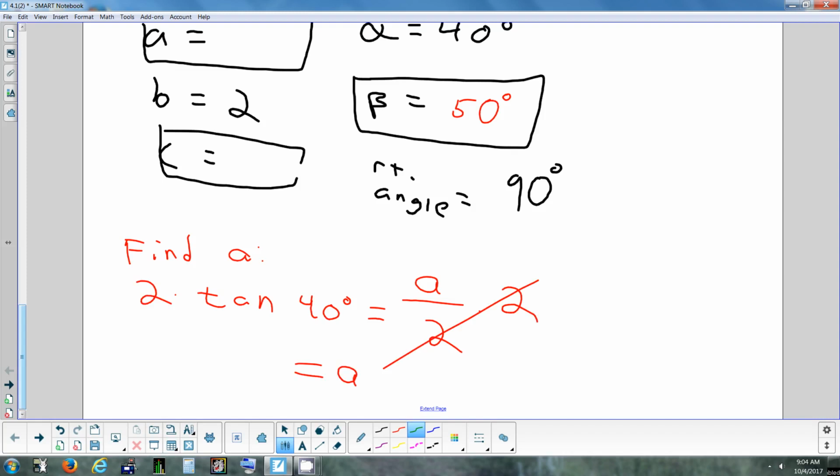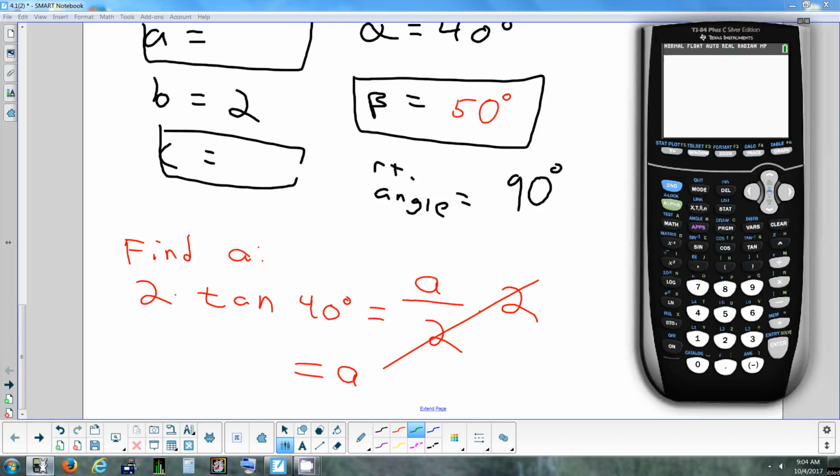Okay, and we do need to do that out. So we'll just type that in. Before I type it in, what do I want to double check on my calculator? Yeah? Better degrees, not radians. Right, I'm in the wrong mode. So if I type it in the way it is right now, I'm going to get it wrong. Every problem that we solve today is going to be degrees.